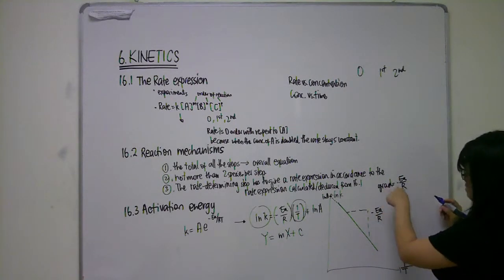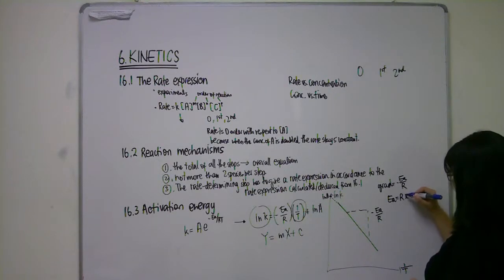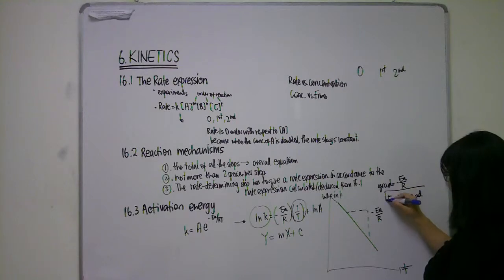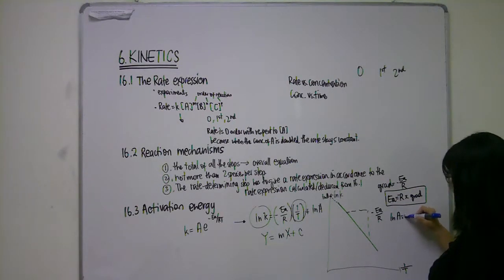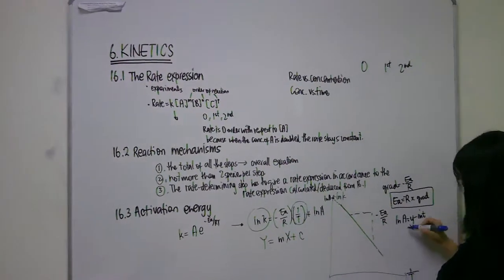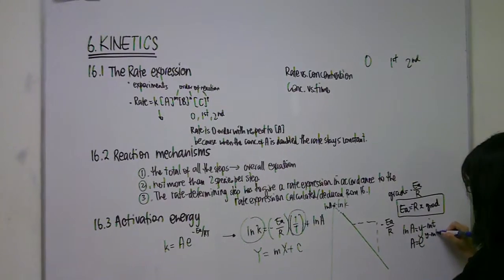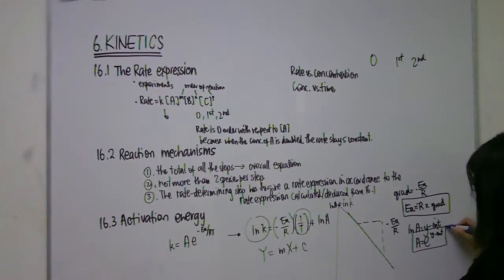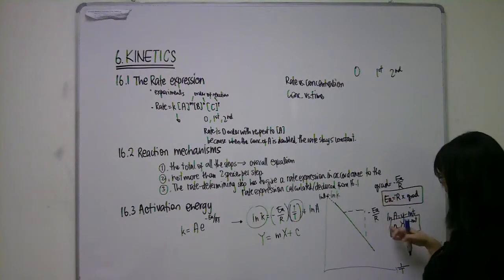Gradient is minus EA over R, so activation energy is minus R multiplied by the gradient. So this is one thing that students need to know. And then ln A is equal to y-intercept, so A is e to the power of y-intercept. So this is another way of finding the activation energy and A.